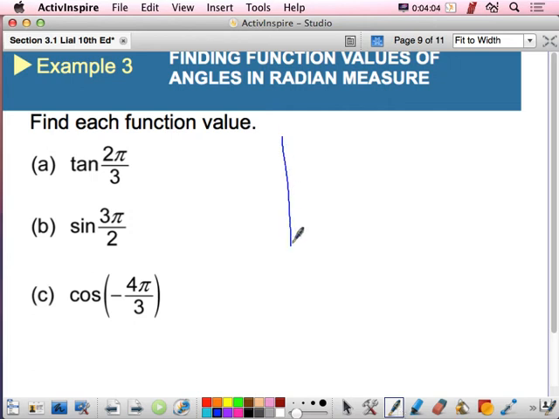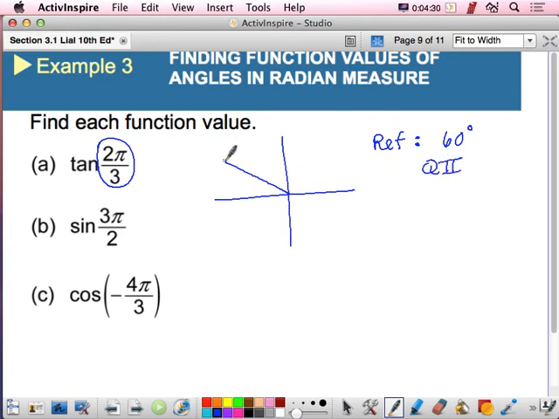If I can figure out what quadrant it's in, I'm kind of done. So we see that it's 2 pi over 3. That's a little less than pi, and that's going to place it into quadrant 2. So that's the first thing we figured out. Without even converting it, we figured out that its reference angle was 60 degrees, and by looking at the 2/3, I was able to figure out that its quadrant was 2.